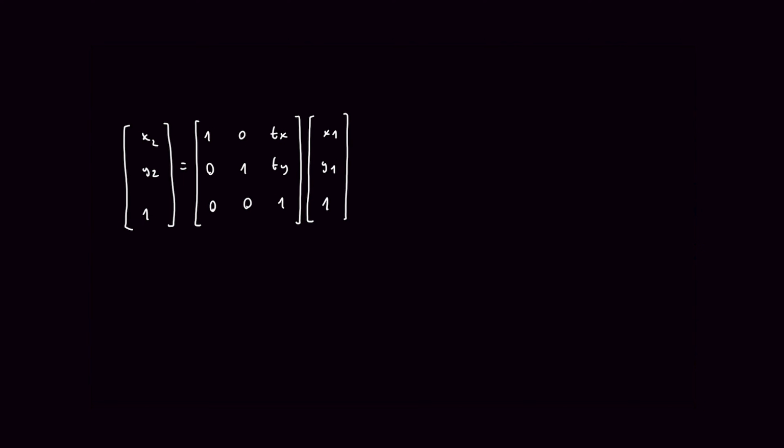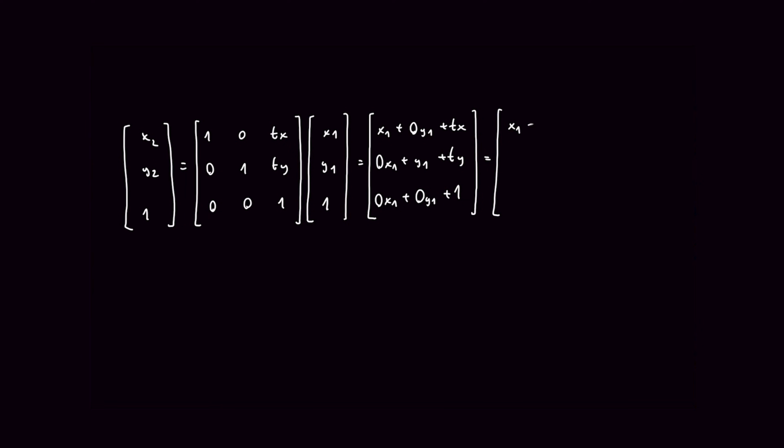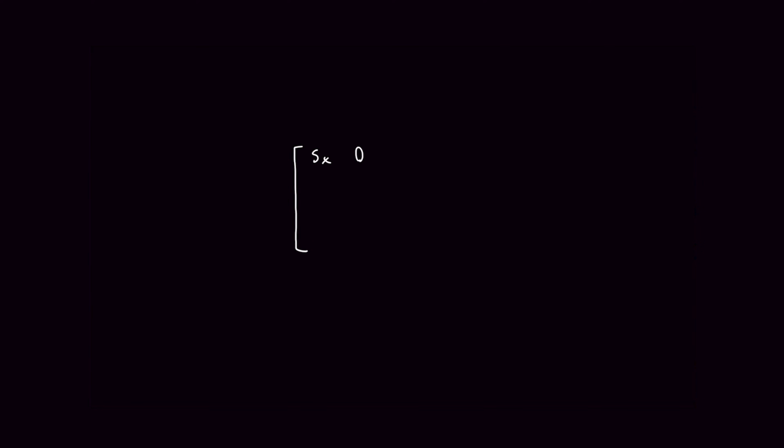If you multiply this matrix by our x1, y1 vector, you will get x1 plus tx, y1 plus ty, as expected. Our scaling matrix becomes this, where Sx is the scaling factor along the x-axis and Sy is the scaling factor along the y-axis. And the rotation matrix.